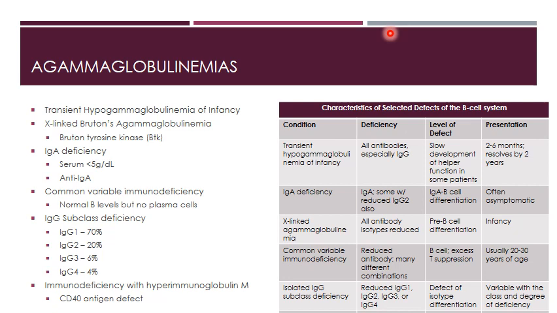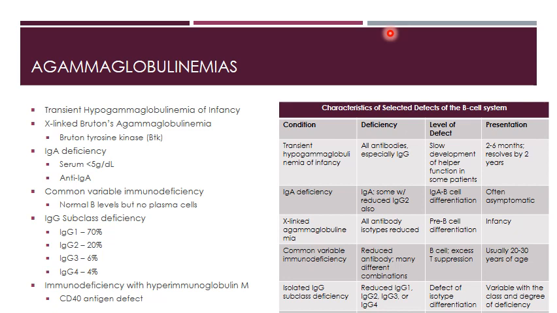This is one that, unlike the others, you probably won't see in infancy. This doesn't have an onset of infancy. The average onset for this particular group of disorders is in your 20s and your 30s. So you guys are pretty much almost out of the woods. What happens is the common things that we see with these patients is that they develop things like shingles at a much higher incidence than normal young adults.